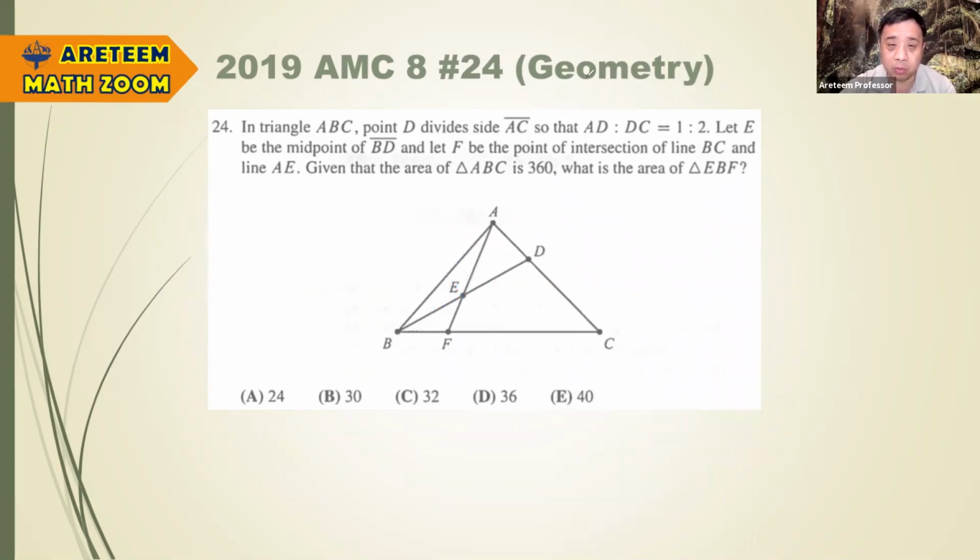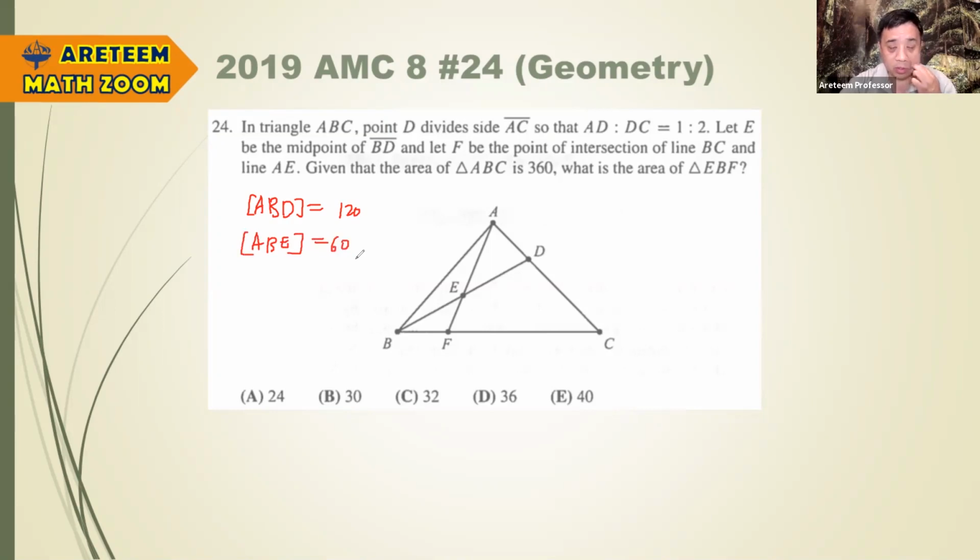Let me mark the ones we already got. ABD equals 1/3 of the whole thing, which equals 120. And ABE is half of that, 60.